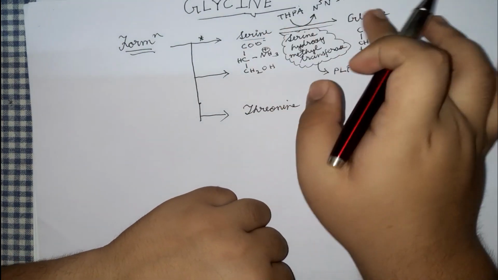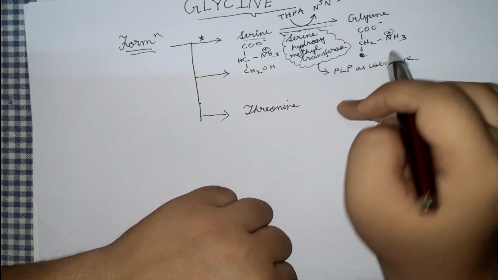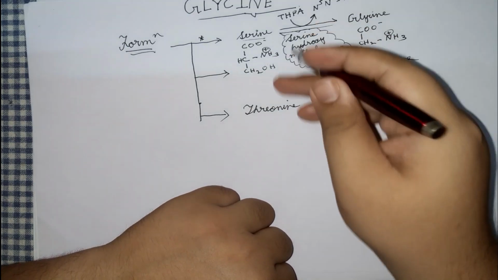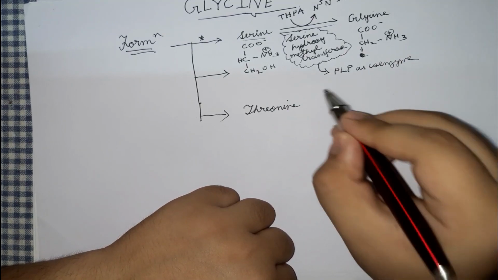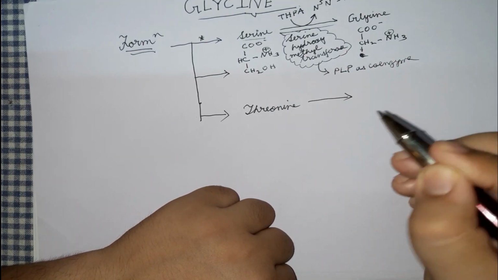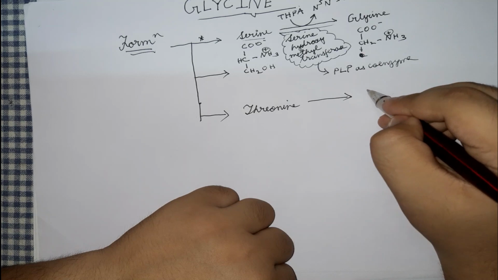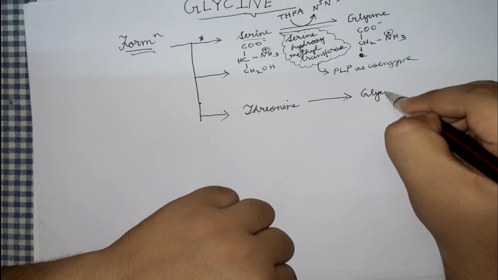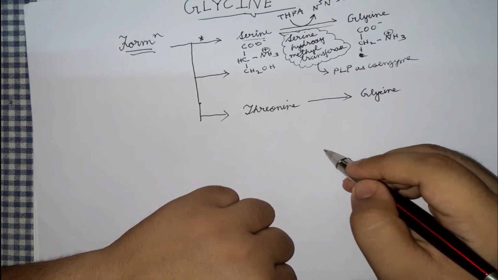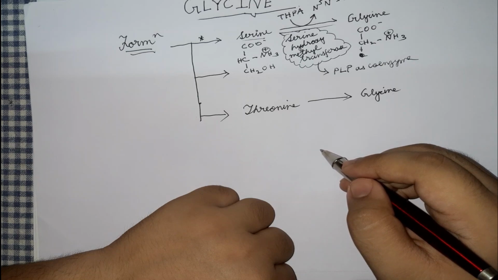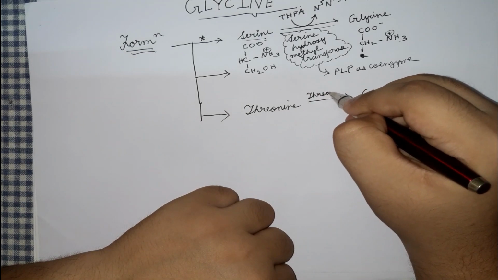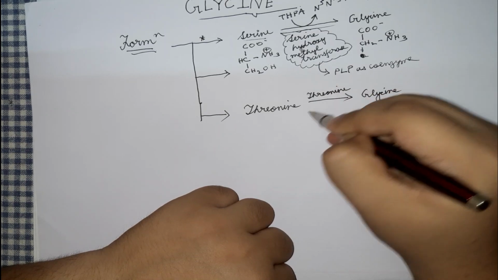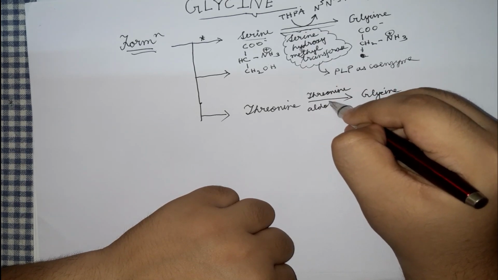So one brother is forming glycine, the other one is also forming glycine. How? By the same mechanism? No. This has a different thing going on. Threonine also forms glycine, just as I said right now. The name of the enzyme is threonine aldolase.